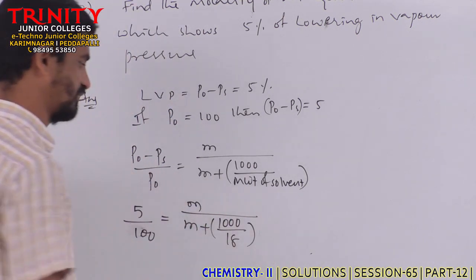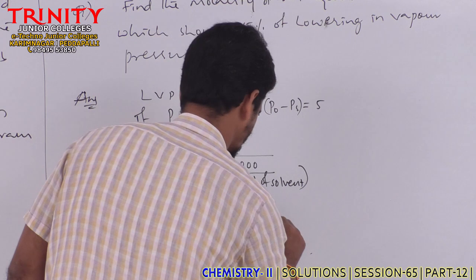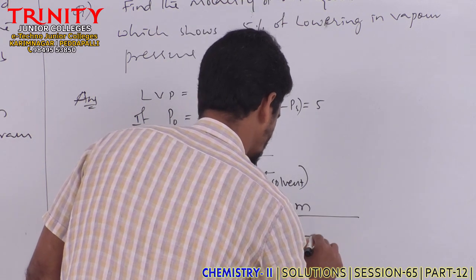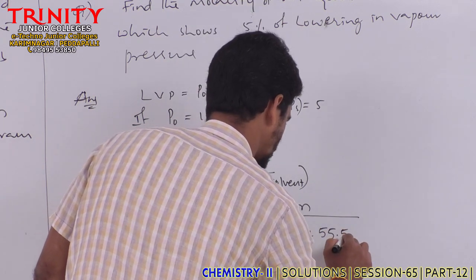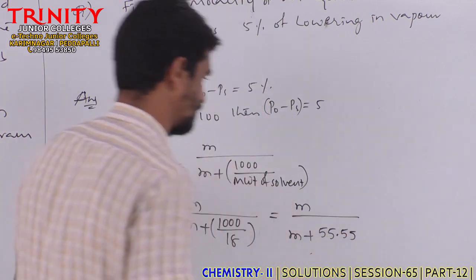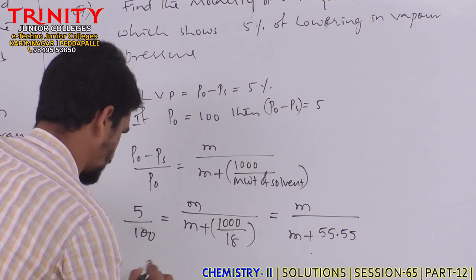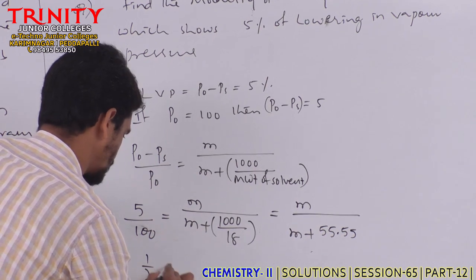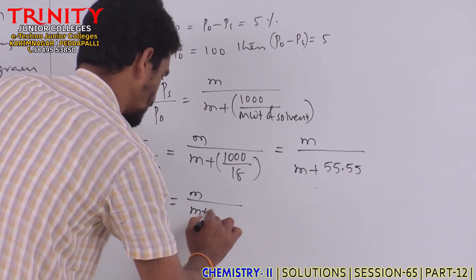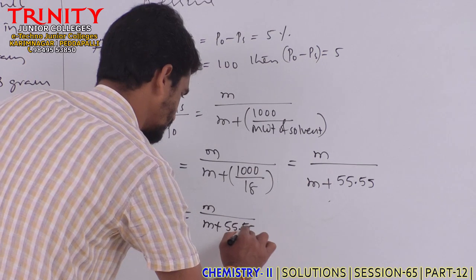Water, its molecular weight is 18. This equals molality by (molality plus 55.55). Clear? So now this is 1 by 20 equals molality by (molality plus 55.55).